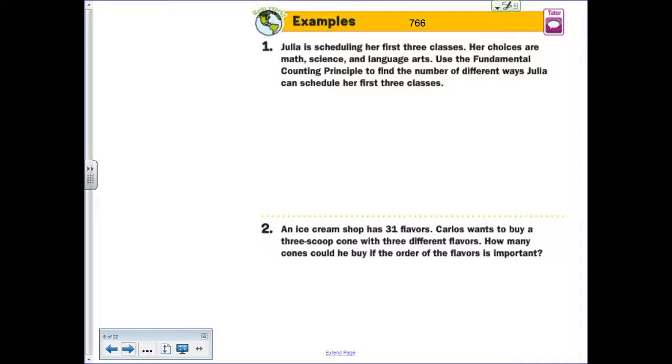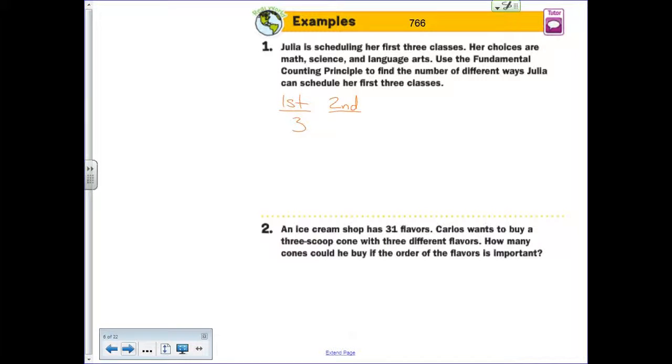Class number 1, there are 3 choices of classes to take because she could take math, science, or language arts. But when she gets to the second class, she's already scheduled 1 class, so now she only has 2 other classes to choose from.